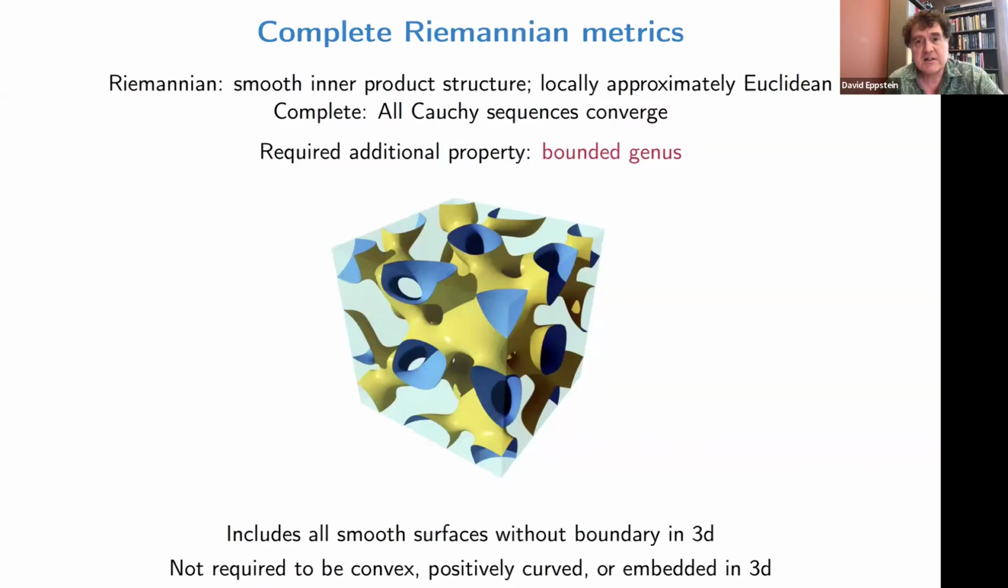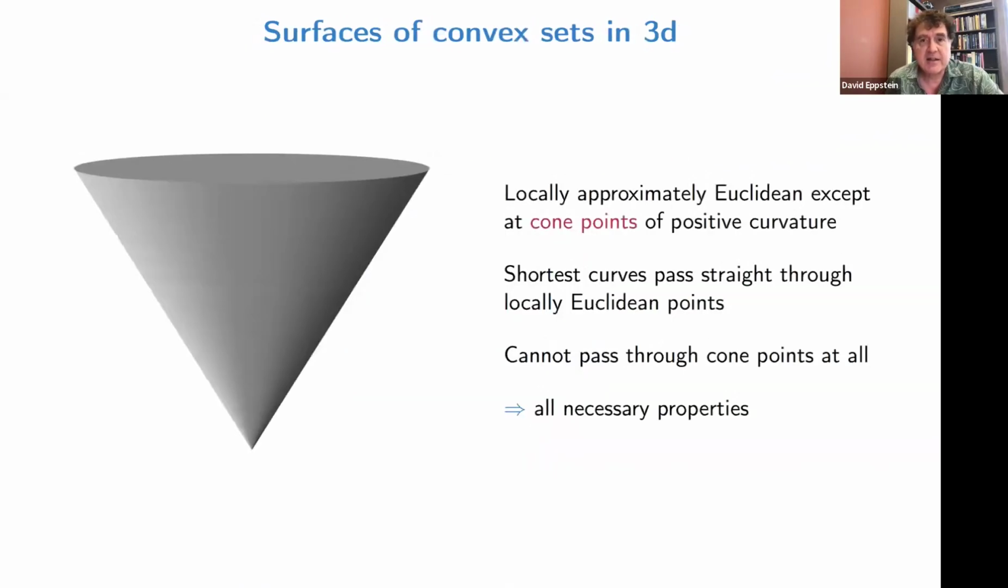What this means, for instance, is that in this cone surface, if we took away this apex point, if we punctured this surface by removing that one point, everywhere else it would have a nice Riemannian geometry, but it wouldn't be a complete Riemannian geometry because you can find a Cauchy sequence of points that converges to this cone apex, and any Cauchy sequence in a complete Riemannian manifold is required to have a limit point.